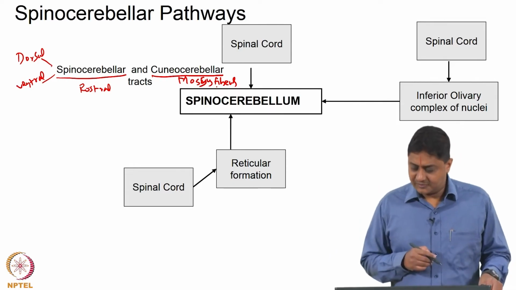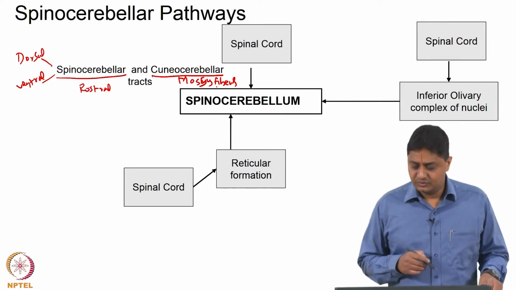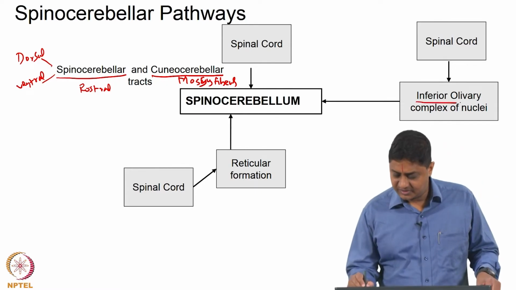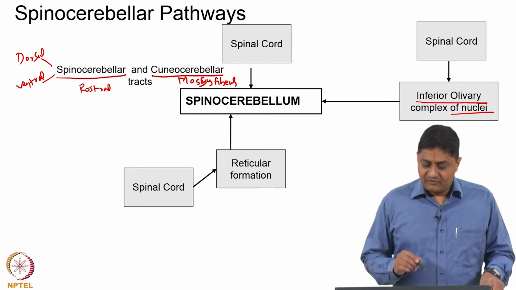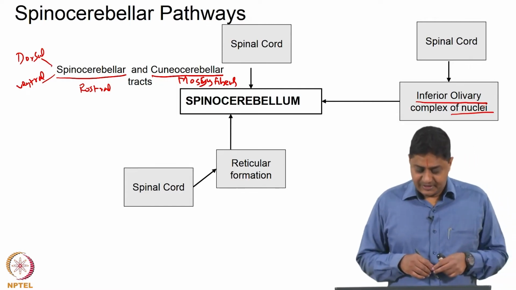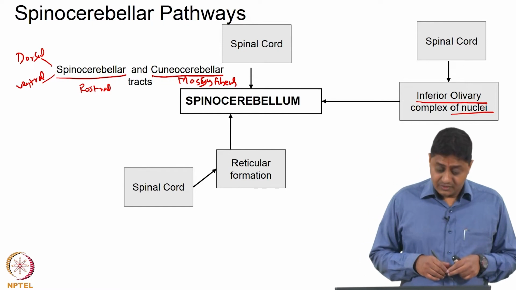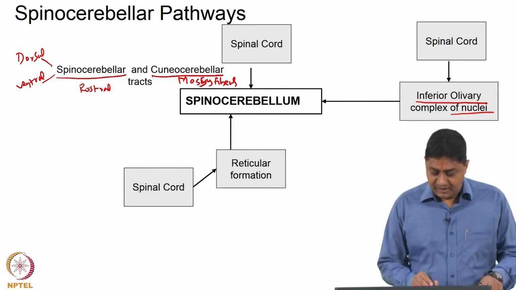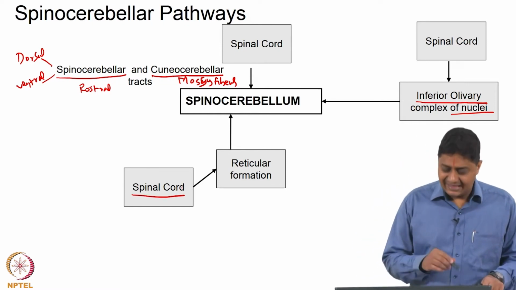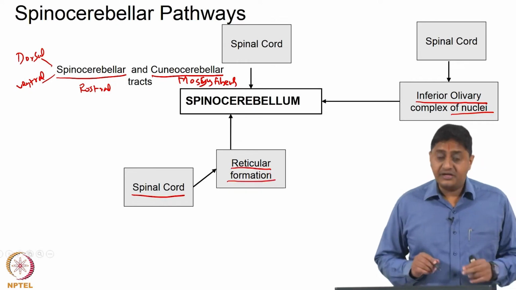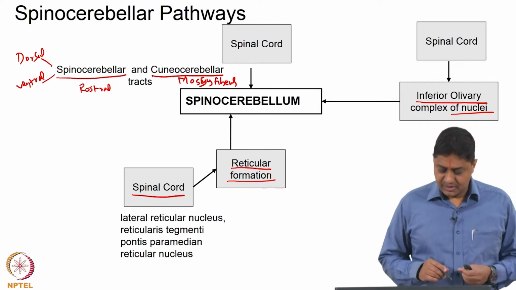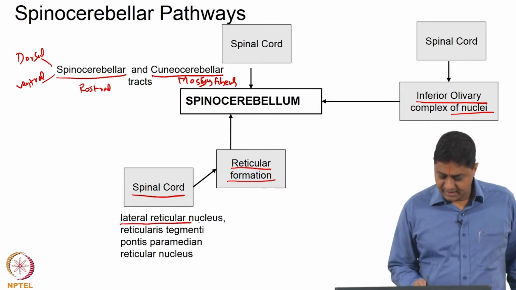Also spinal cord projects to the inferior olivary complex nuclei. From there obviously there is projection to the spinocerebellum. Also spinal cord projects more indirectly via the reticular formation, where the following nuclei, these are the lateral reticular nucleus, reticularis tegmenti pontis and paramedian reticular nucleus.